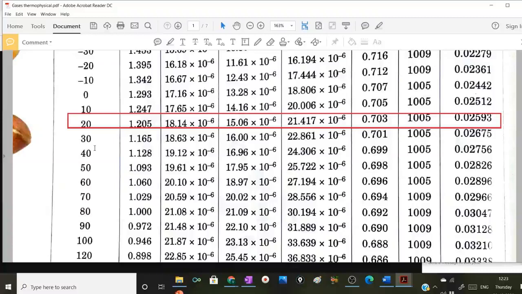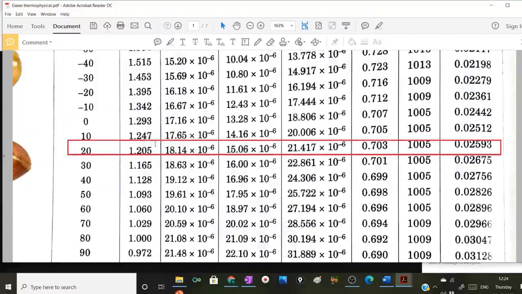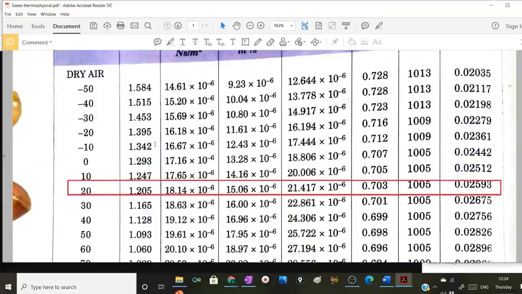You know how to do interpolation. Even if you don't know, I will tell you the formula or the way we can use interpolation. So this way you can find out thermophysical properties for various gases at the reference temperature.